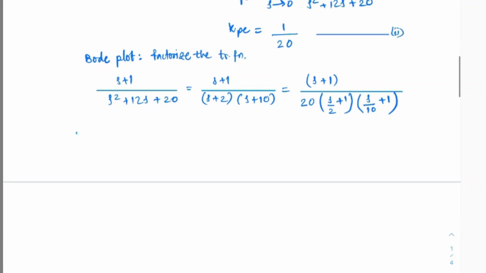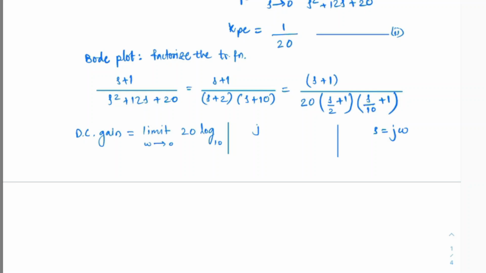To calculate the DC gain, we have to take the limit as omega tends to 0 of 20 log base 10 of the magnitude of this transfer function, where s has been put as j omega.